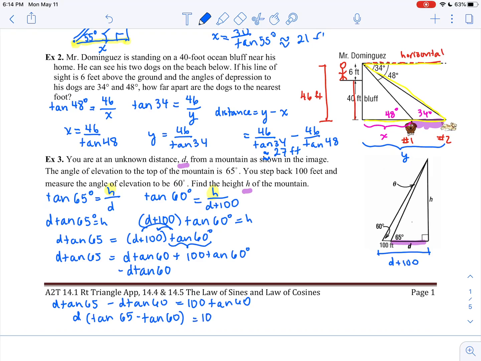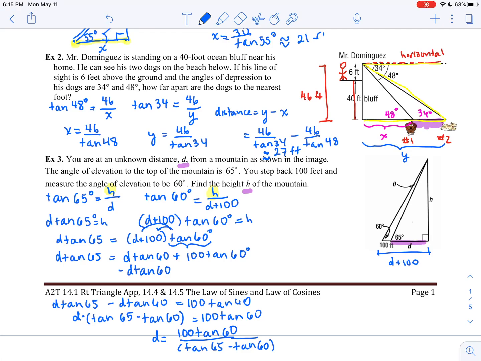And then what would I do to isolate d? Well, if d is separated from the other term by multiplication, I can divide both sides by that term. So d equals 100 tangent of 60 all over tangent of 65 minus tangent of 60.